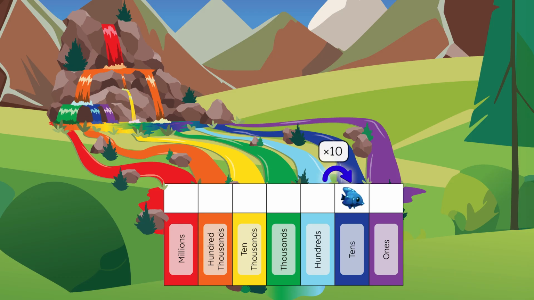So what would happen if the fish moved 2 places to the right? Well, let's keep going. The fish moves again from the tens place to the ones place. Now its value is just 1. Let's break that down. First, it moved from the hundreds place to the tens place, which made it 10 times smaller. Then it moved from the tens place to the ones place, making it 10 times smaller again.